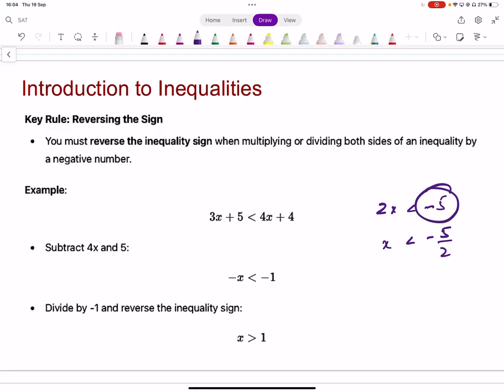No. The sign only changes when you multiply or divide by a negative number. If a negative number just exists there, उसकी वजह से आपने नहीं change करना. Minus 5 was already on the right side. We were not dividing by minus 5, we were dividing by 2. That's a positive number, so the sign does not change because of that. Is that okay?